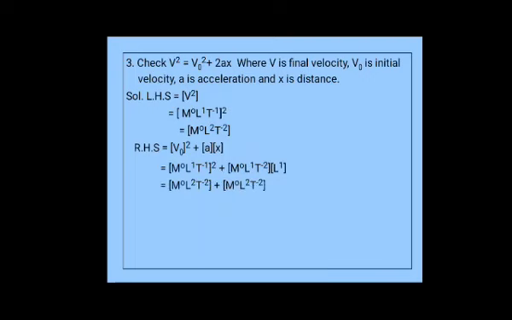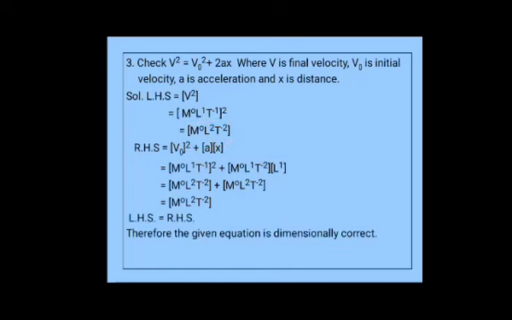Now again this square is for all the powers. So it is M raised to 0, L raised to 2, T raised to minus 2 plus M raised to 0, L raised to 2, T raised to minus 2. Same two brackets we are getting, means again it is 2 times, but we cannot write 2. So write M raised to 0, L raised to 2, T raised to minus 2. So again LHS and RHS are same. That's why LHS is equal to RHS. Therefore the given equation is dimensionally correct.